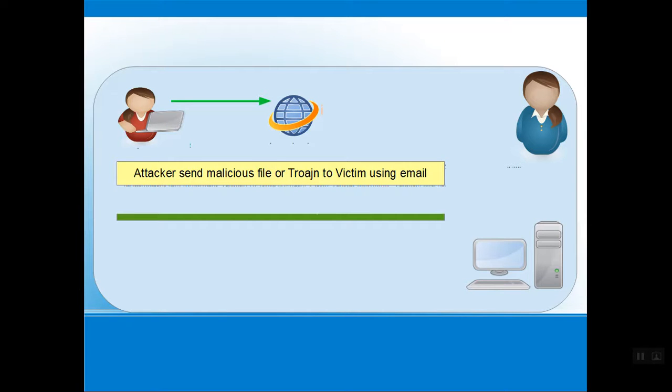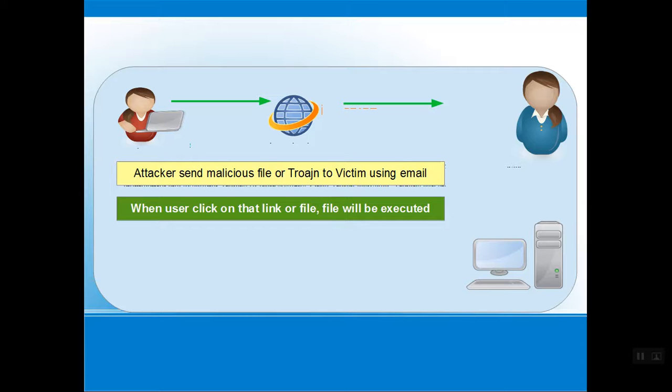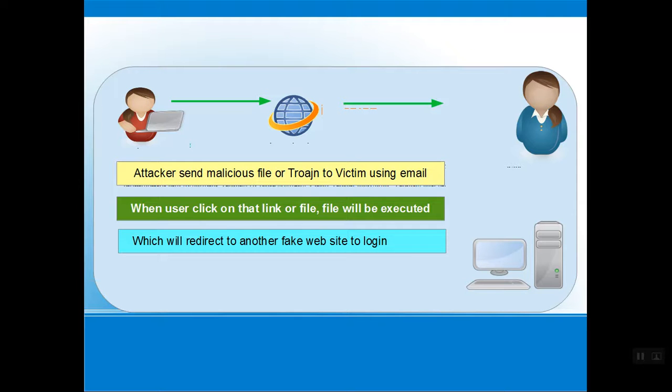Then it is sent over the internet to the target. When the user sees the mail or link and clicks on it, the file is executed at the back end without the victim's knowledge. It compromises his or her system, which will redirect to another fake website, such as a look-alike site of Facebook or any other fake site, asking the user to enter credentials, login ID and password.